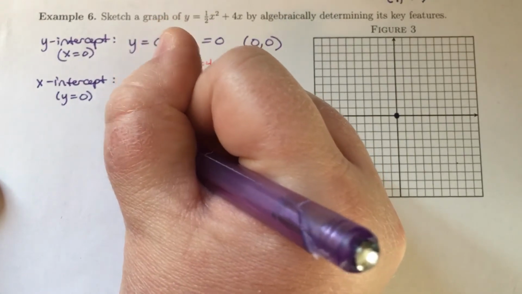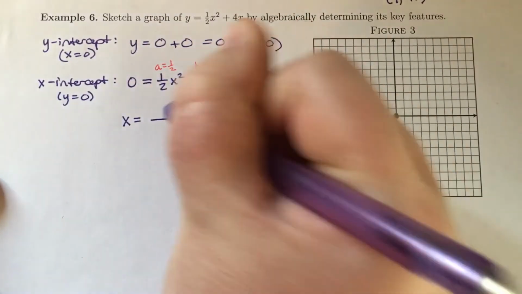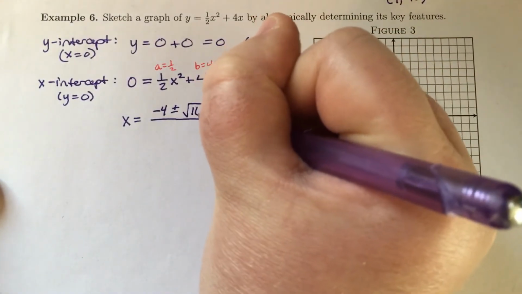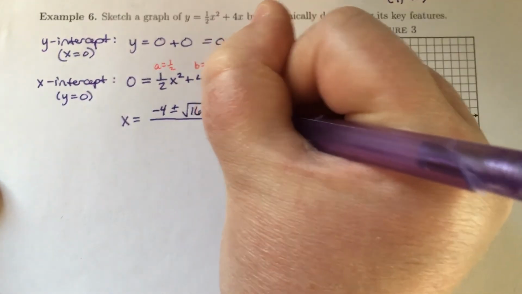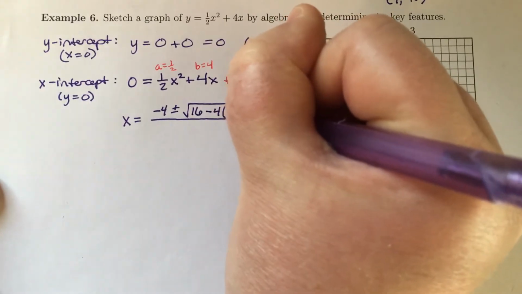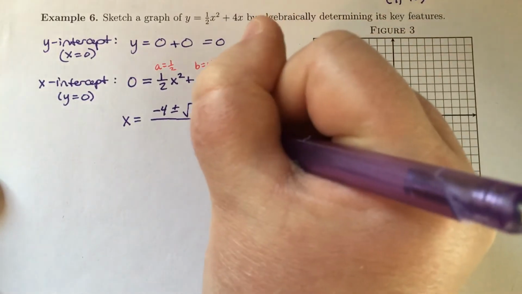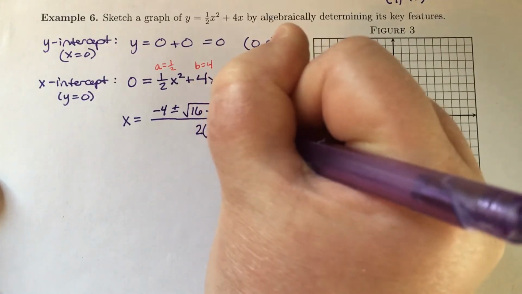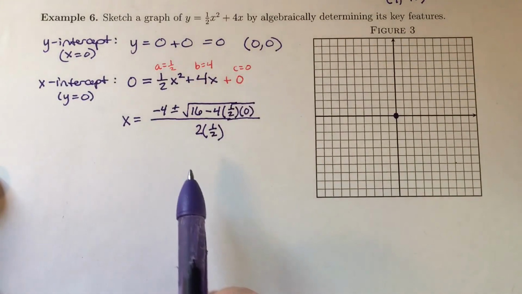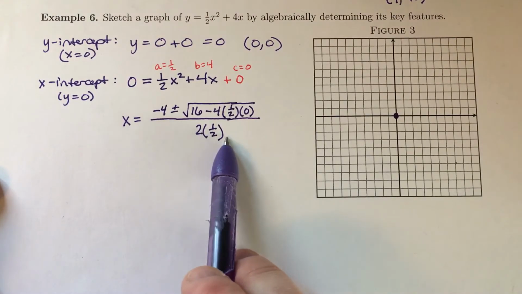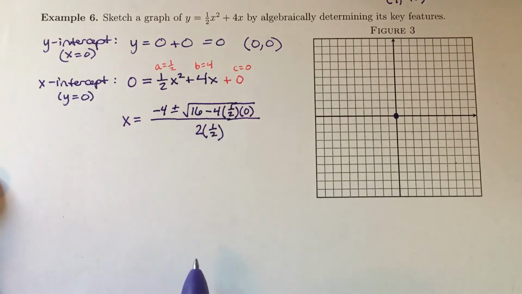So let's try it. x equals negative b, negative 4, plus or minus the square root of 4 squared minus 4 times a times c all over 2a. And in this case, it actually works out pretty well to have the 1/2 because these are just going to cancel, so we don't have a fraction anymore.